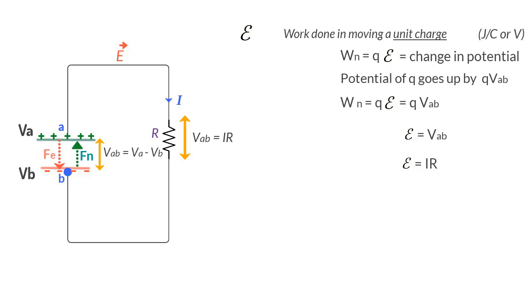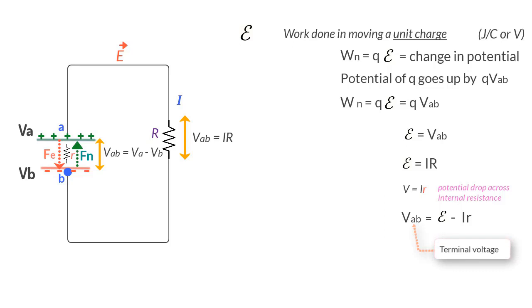And if this resistance is denoted by a symbol R, then as current I moves through this resistance, the drop in potential would be I times R. So we can say that VAB is equal to electromotive force minus IR. So this is called the terminal voltage with internal resistance.